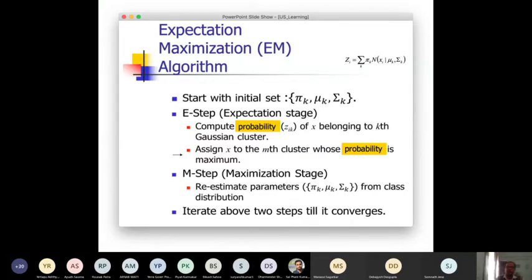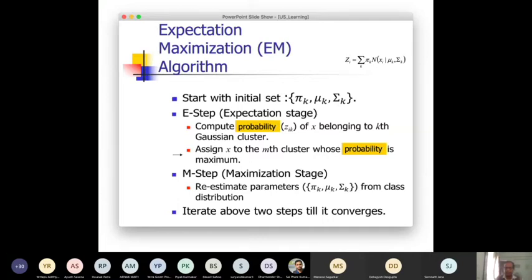Here it is not a partition. Here actually you start with an initial set of parameters, and with respect to that you compute the probabilities of x belonging to each cluster, and then with this redistribution, again you re-estimate those parameters.